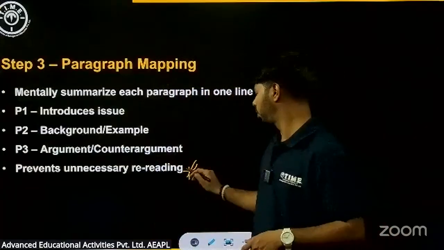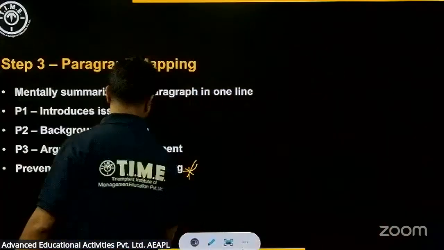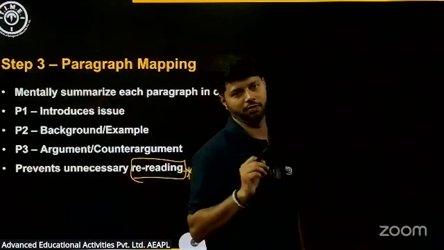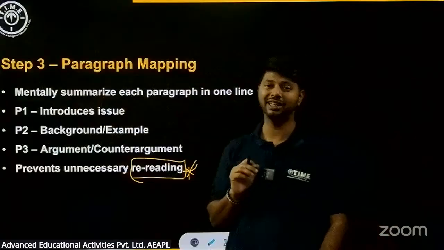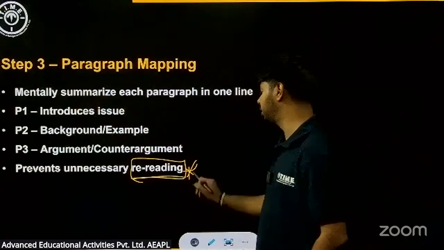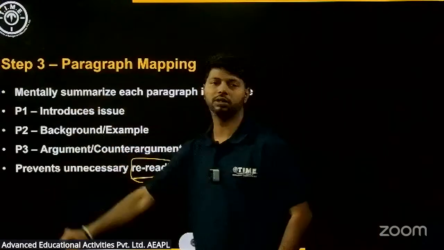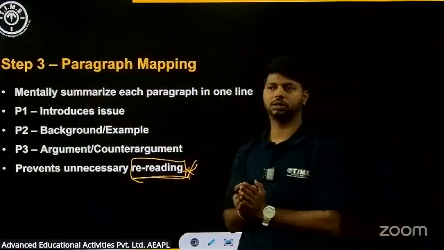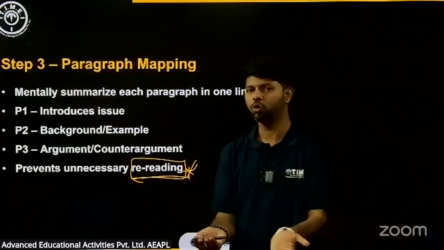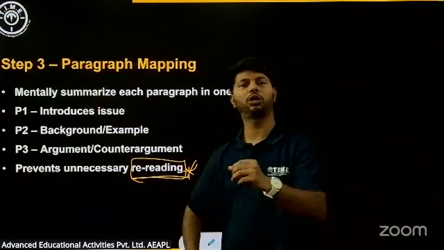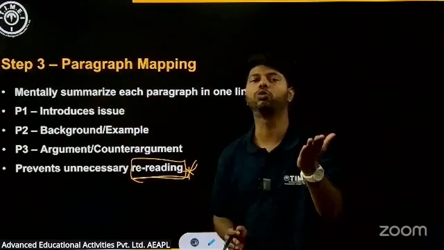with avoiding rereading, which is basically a cardinal sin when it comes to RCs. Rereading is the biggest sin you can commit. To avoid this, this is a good thing. Rereading also, if you have to do it to be sure, it's best to know which part to reread.